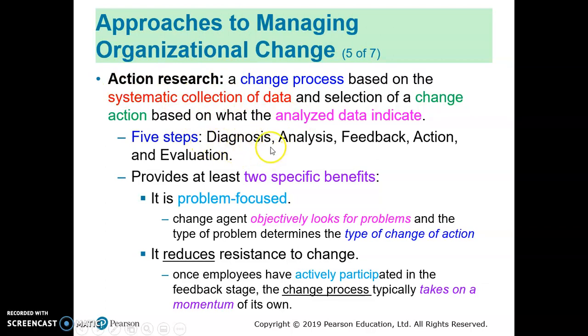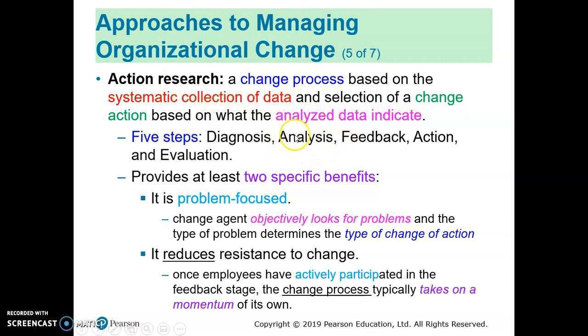Start with diagnosing the problem, whether the problem exists or not, so whether we need to make a change or not. This process will determine whether the change is needed. In order to determine that, we need to collect data. So first we start with the systematic collection of data.